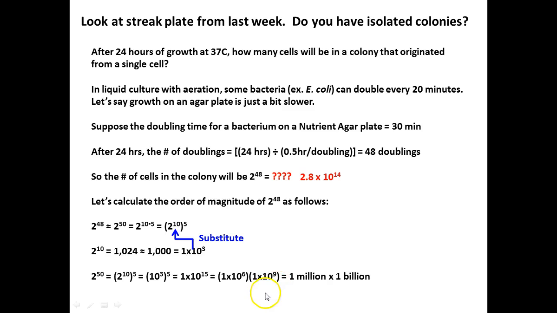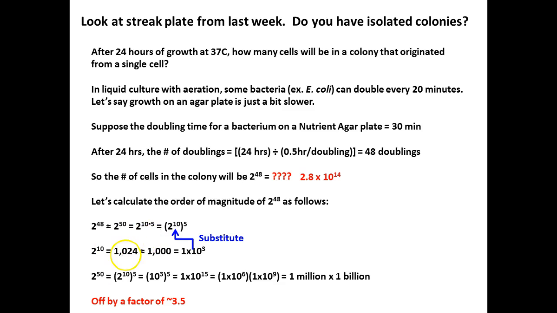We're talking about 10 to the 15th power. So we're talking about 15 zeros. So that's 1,000,000 times 1,000,000,000 cells. That's a lot, right? That's a lot. And when you guys look at your colonies, there are like little tiny dots even.